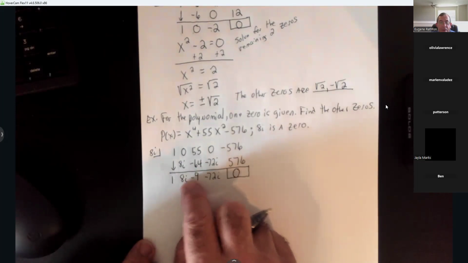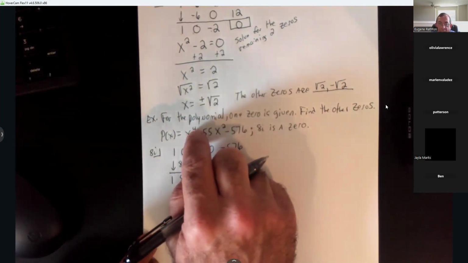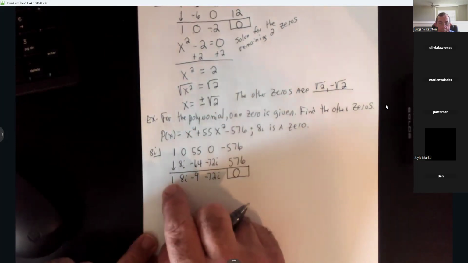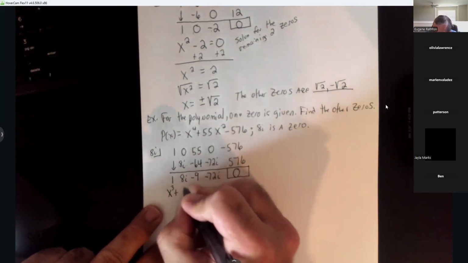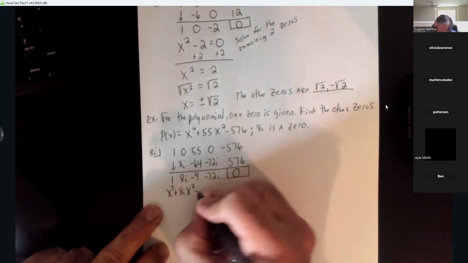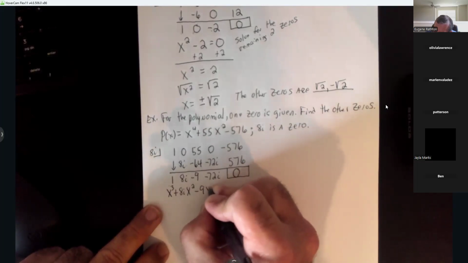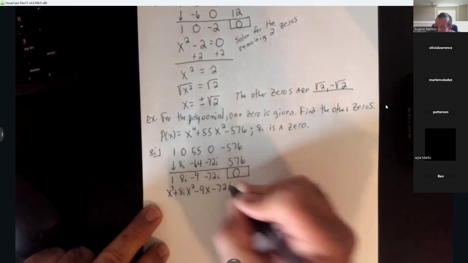Alrighty, so remember, these are the coefficients. It starts 1 degree less than this x4. So that means this is 1x cubed plus 8i x squared minus 9x minus 72i.